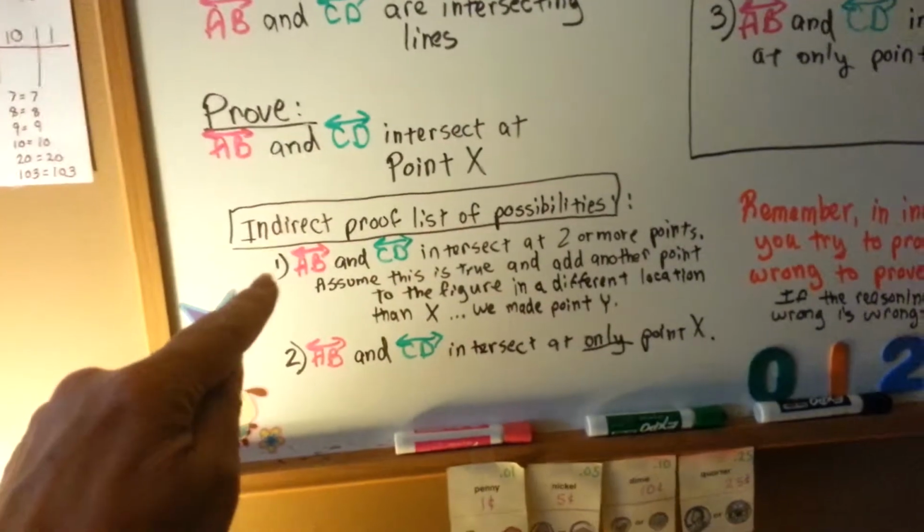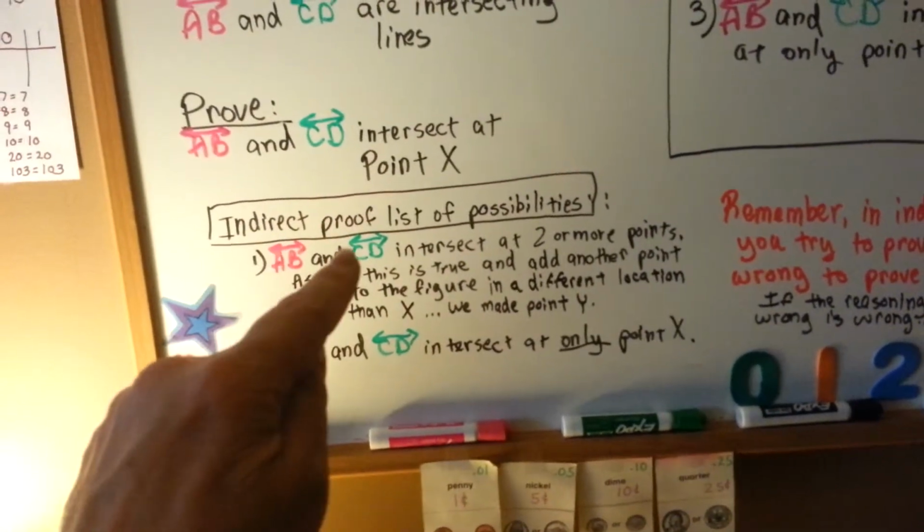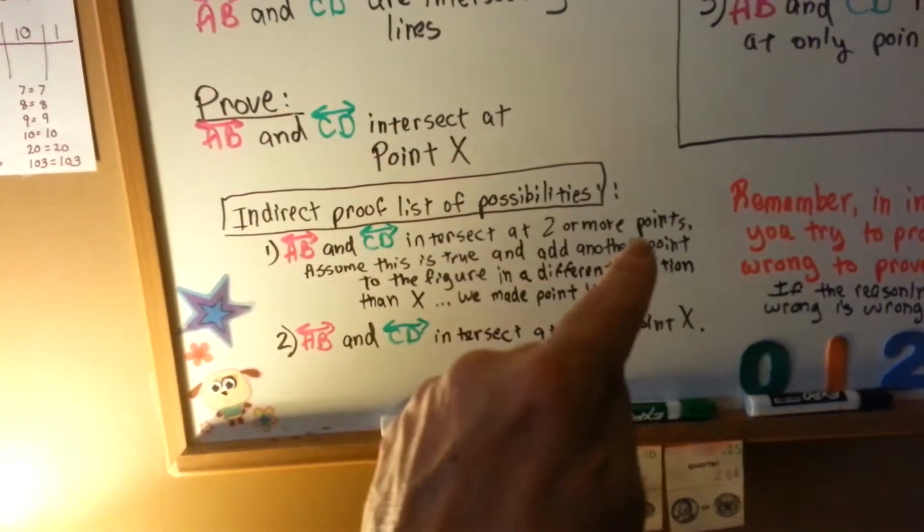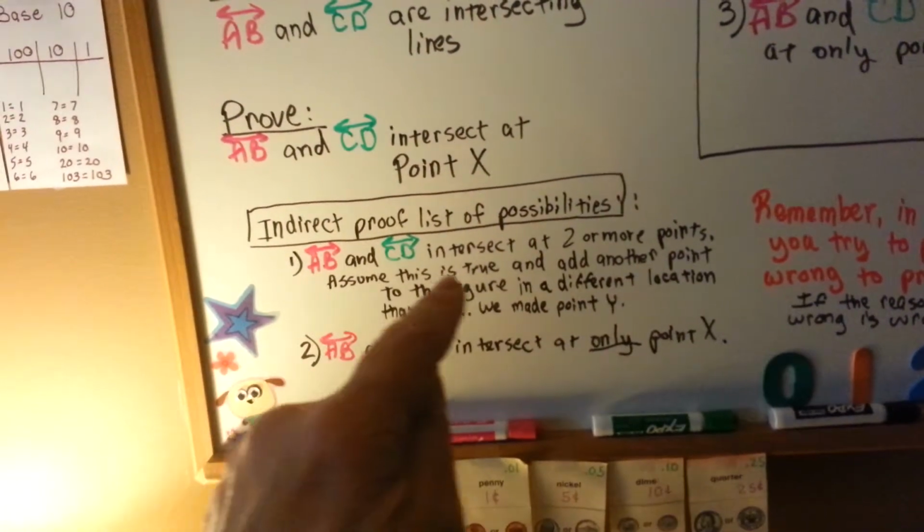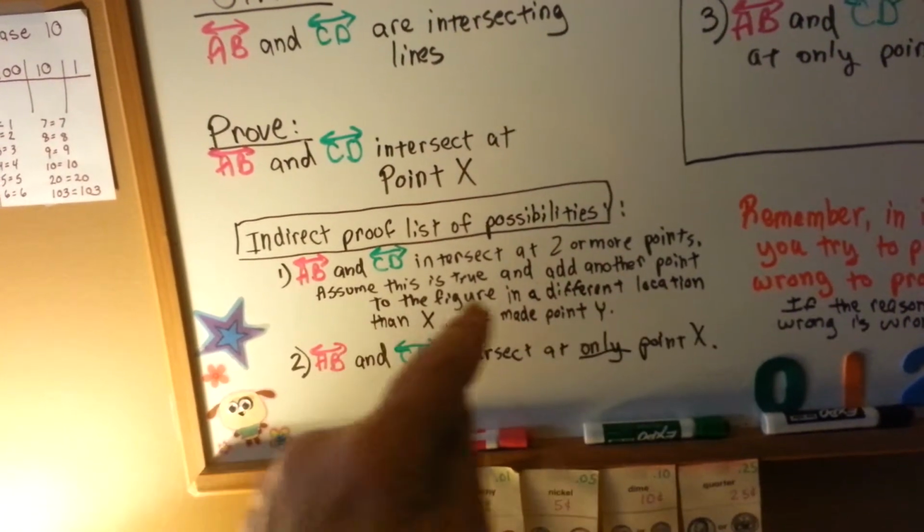The indirect reasoning: the pink line and the green line intersect at 2 or more points. And if we assume this is true and add another point to the figure in a different location than X, that's why we made the point Y, okay?